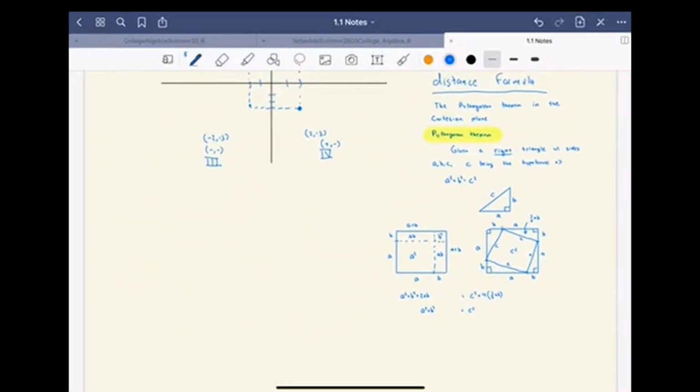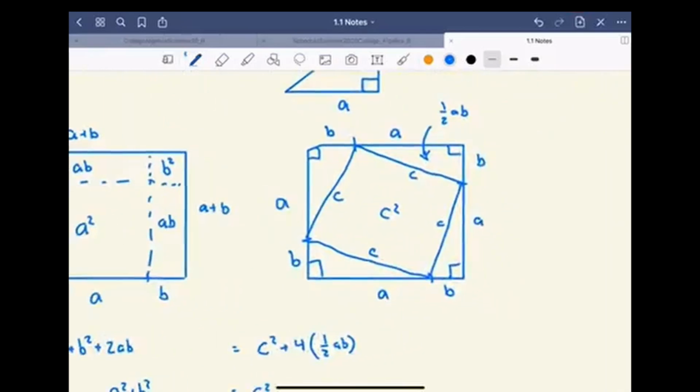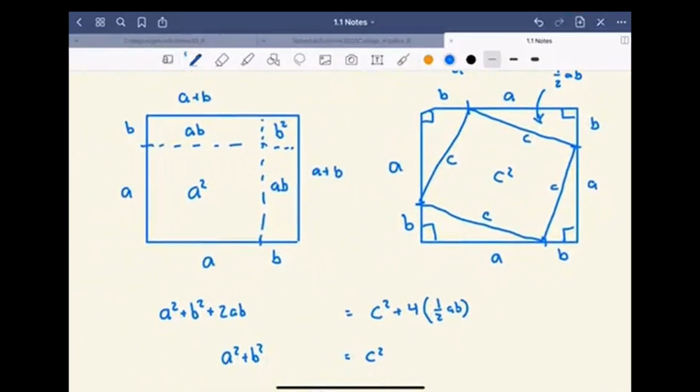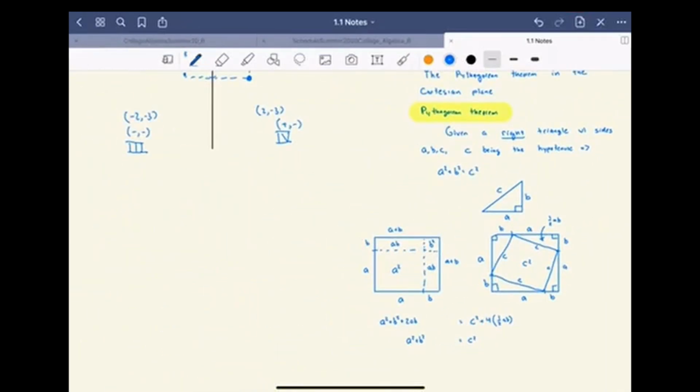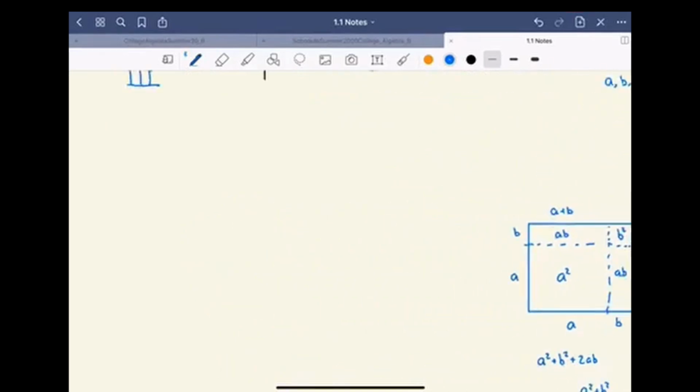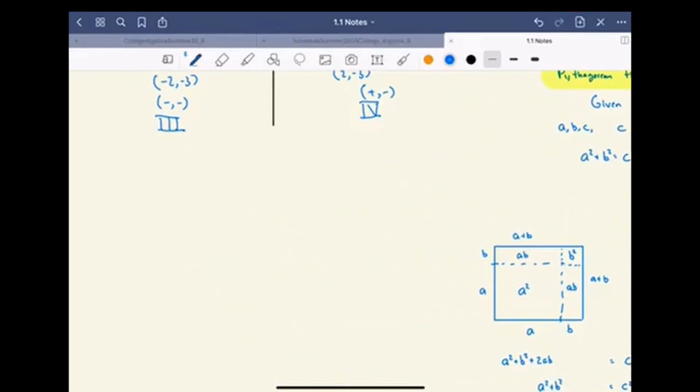Okay, so that's not really super necessary for you guys to know how to do, but it's just kind of fun. Let's see, how does the Pythagorean theorem become the distance formula? So let's draw a coordinate plane.